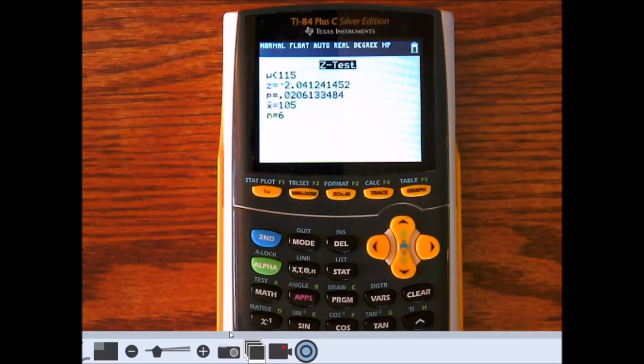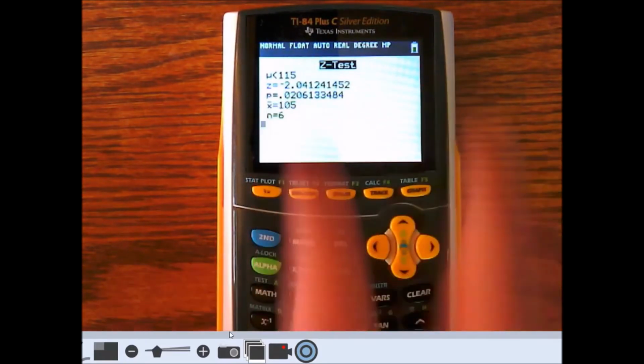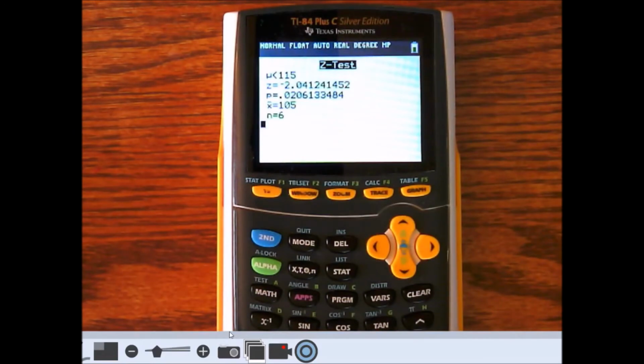That would be 105 as a z-score. It gives us our p-value, 0.021. Again, the lower the p-value, the more likely it's not caused by random chance. So let's go back to our notes.